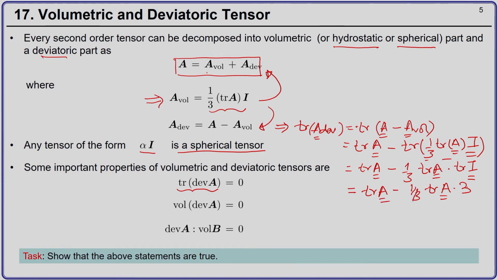This 3 gets cancelled out and then trace of A and trace of A cancel out, which gives you 0, and that is what we wanted to prove. Similarly, you can show the other two relations, and I leave it to you as a task. You can do it, and if you have any problem, as usual, you can always contact me.